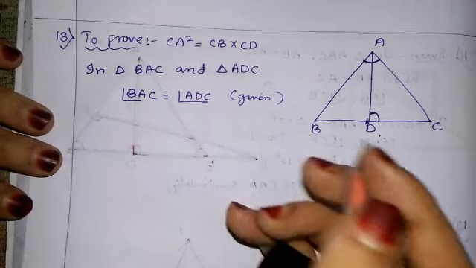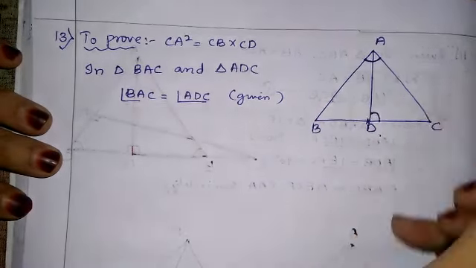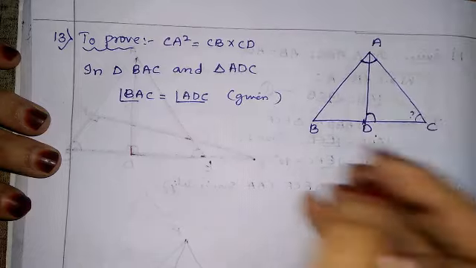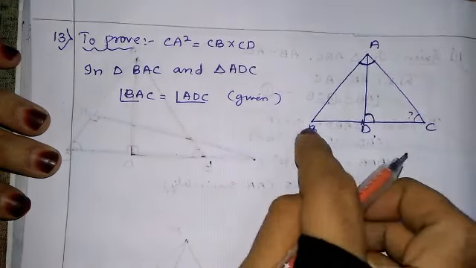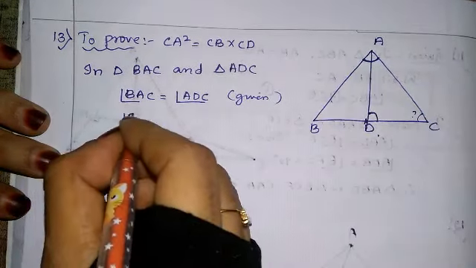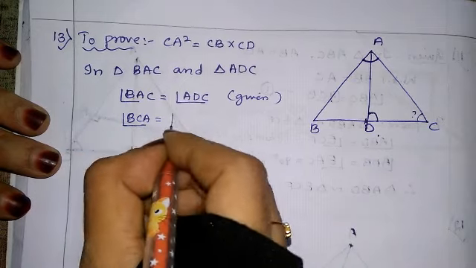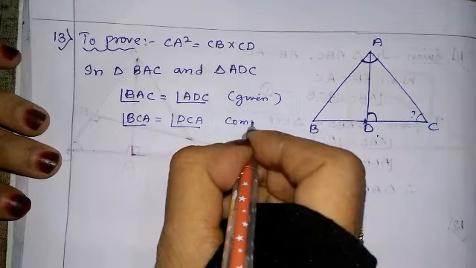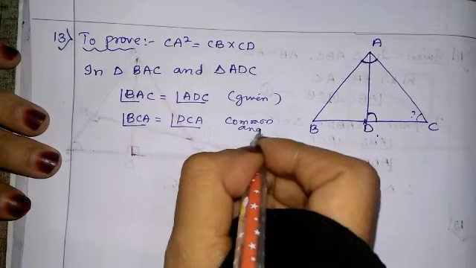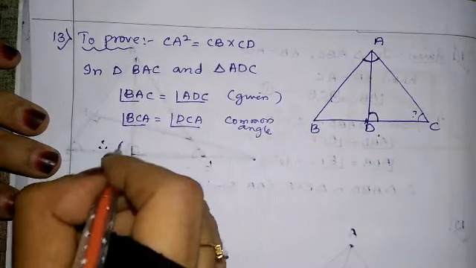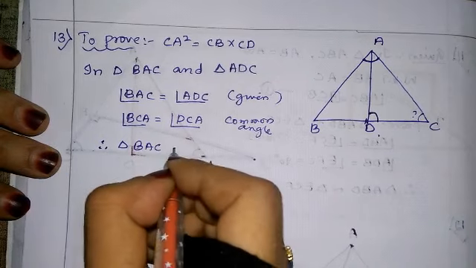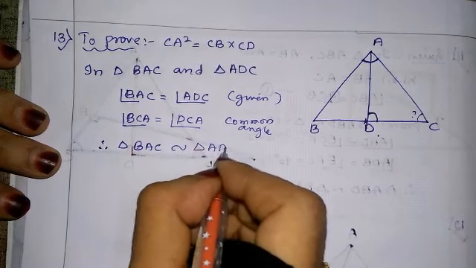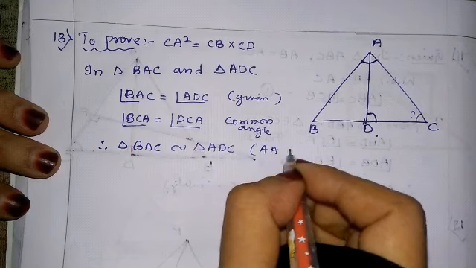Now we can see that in both triangles, angle C is common. So we can write angle BCA is equal to angle DCA, common angle. Therefore, triangle BAC is similar to triangle ADC by AA similarity.